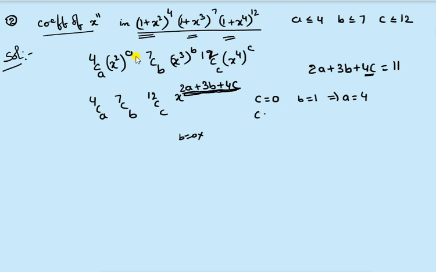Next, with c equal to 0, I am taking b equal to 2. If you take b equal to 2, 11 minus 6, a value 5 by 2 you will get, not possible. That's why next I am proceeding with b equal to 3. So 11 minus 3 into 3, 9, so you will get the value of a equal to 1, right?